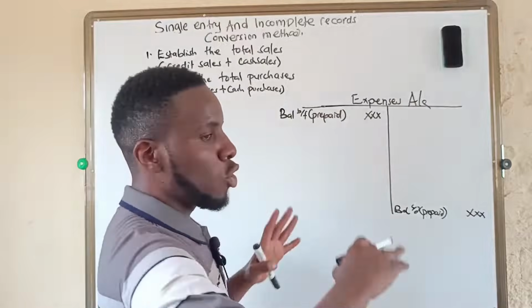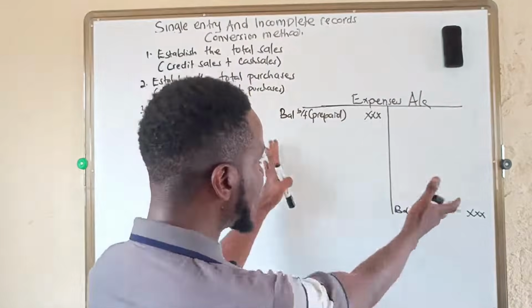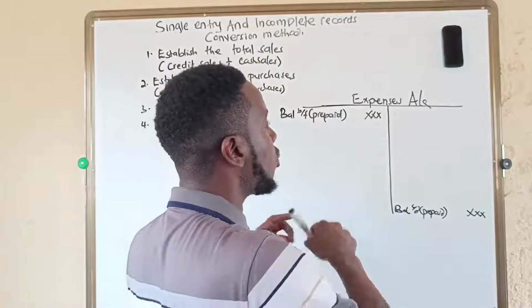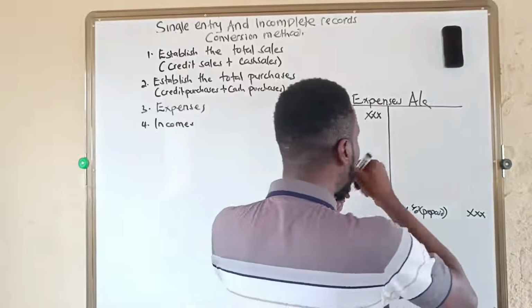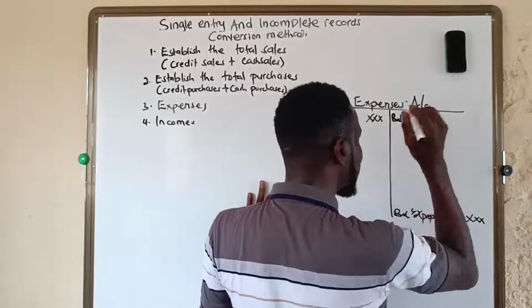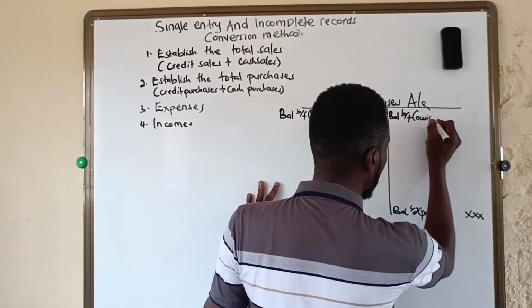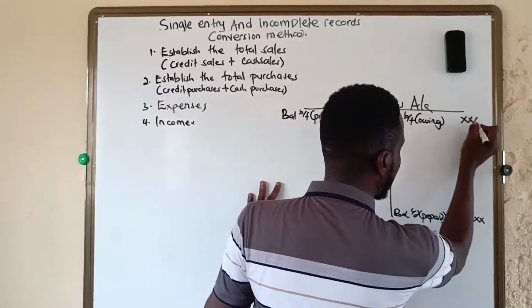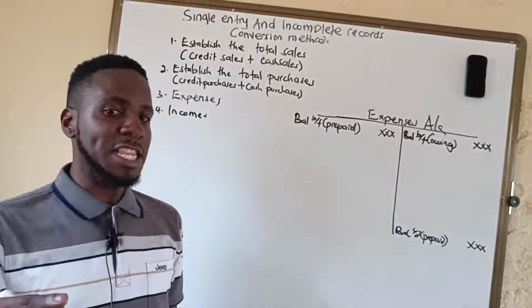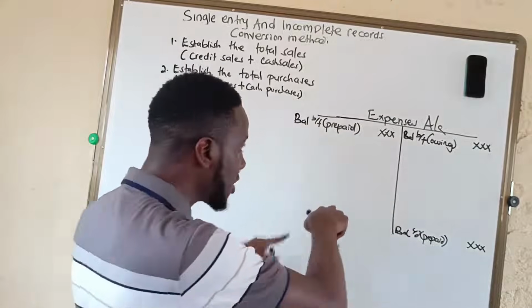One is prepaid. So when they give you one which is prepaid, this is how you're supposed to present it. But when they give you another which is outstanding or owing, you come and say balance brought forward for that expense which is owing, and you indicate its opening balance here. Then that means the closing balance has to be on the opposite side.